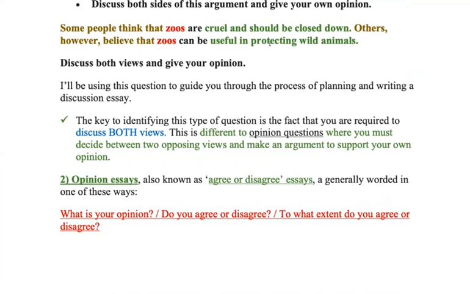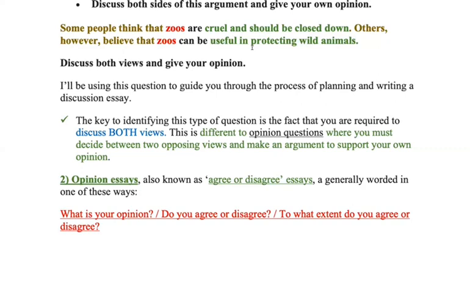So view number 2, or B: useful in protecting wild animals. Group A thinks the main point is that zoos are cruel and should be closed down. Other people say, no, we believe that zoos can be useful in protecting wild animals.